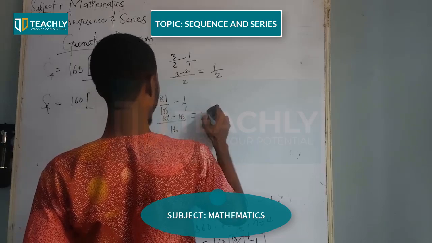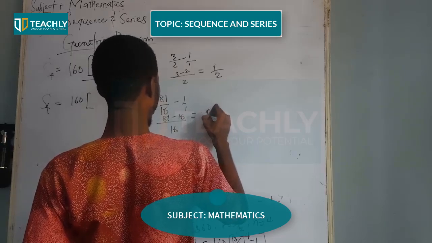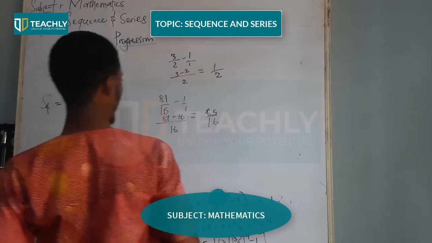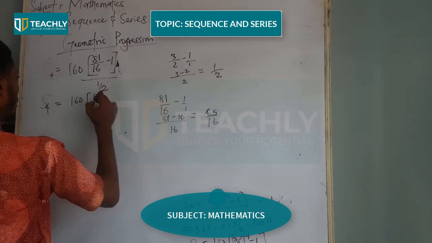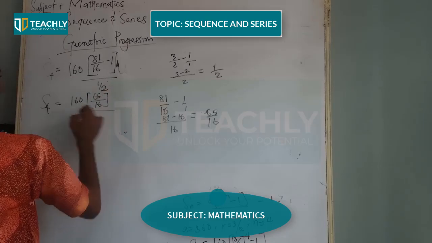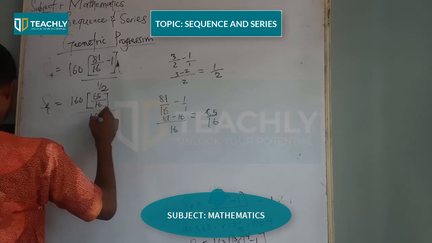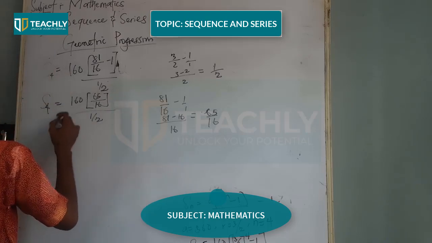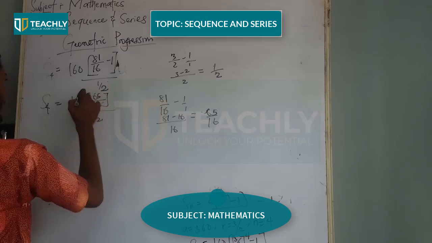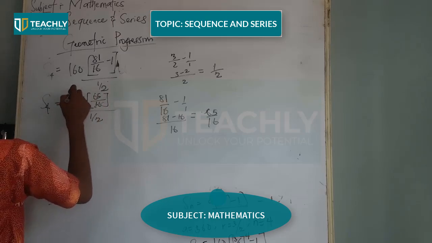That's 65 over 16. 65 over 16. So we have 65 over 16, then over 1 over 2. So from here, we have 160 times this, which is going to give us 10.